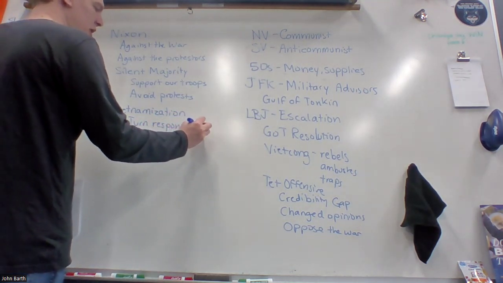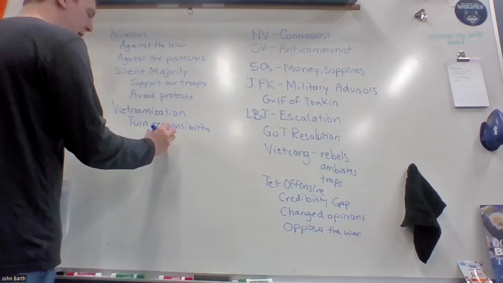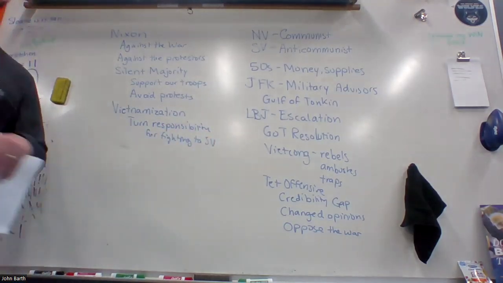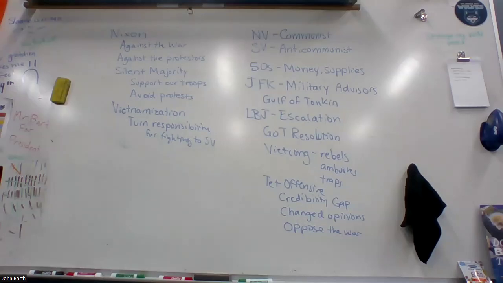Return the responsibility for the fighting to South Vietnam. Okay, South Vietnam, this is your fight, this is your war. We're gonna give you more responsibility. We'll keep training you and everything, but we're slowly gonna back out and transfer responsibility over to you.